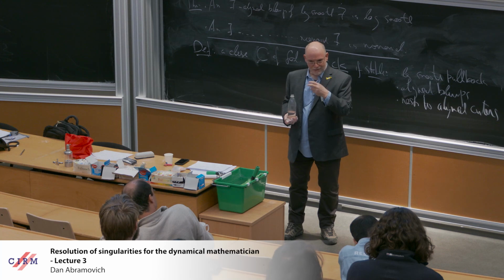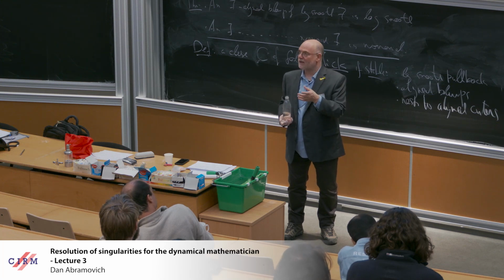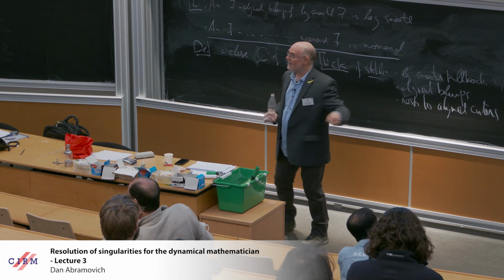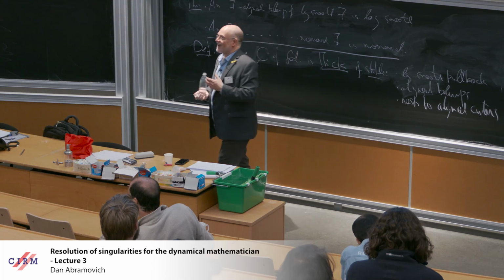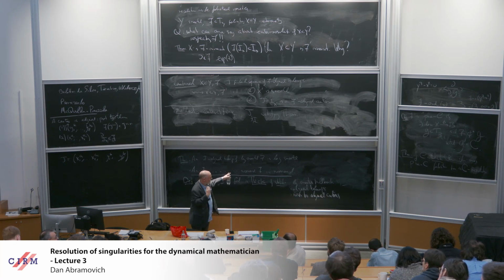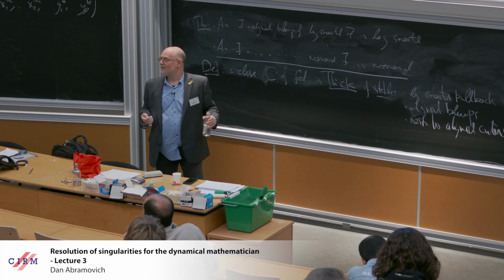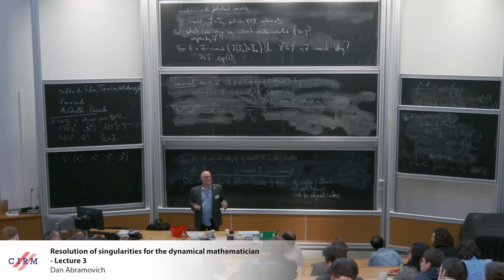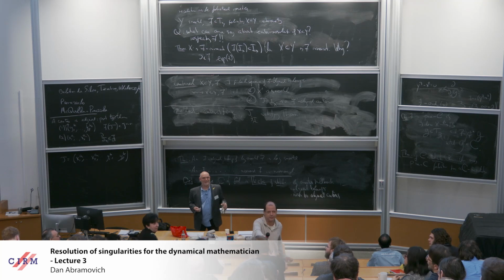And the question remains, is it true that elementary is thick? This is something that Andre knows how to prove, but I don't. So you need to know that the aligned blowup of an elementary foliation is elementary.